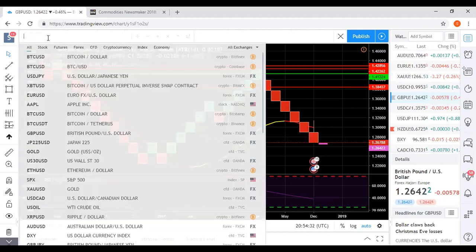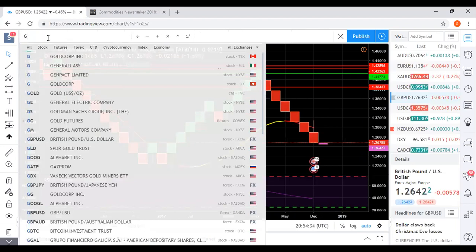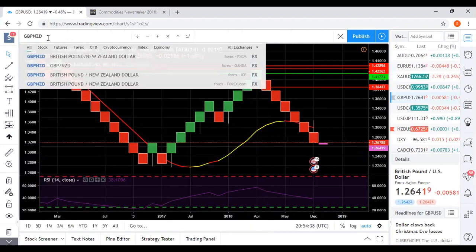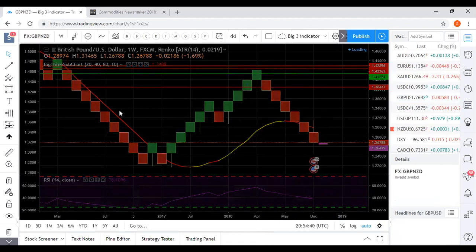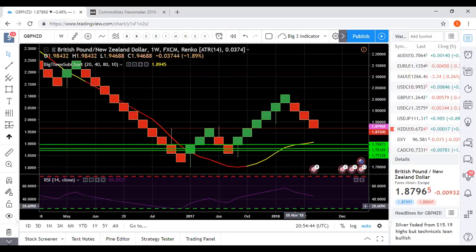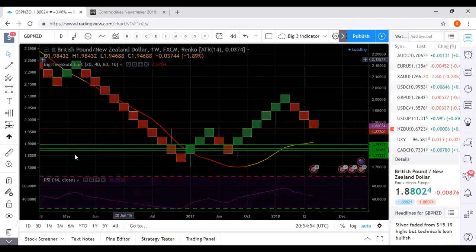So another pair that I have been looking at is NZD. This is the one that was a real killer for us earlier in the year. But as you can see now, there is a strong support, although it's still in a downtrend, but it has actually gone up quite a lot.